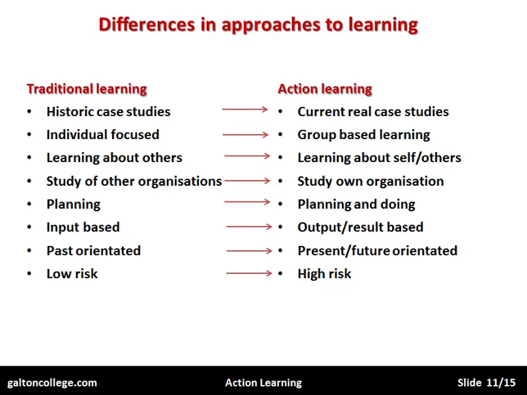Traditional learning tends to be low risk. Low risk in the sense that we read what the solutions are and what's being proposed. And it's been written up, it's been refined by academics and practitioners, and there have been perhaps seminars on the topic and arguments put forward and solutions found.